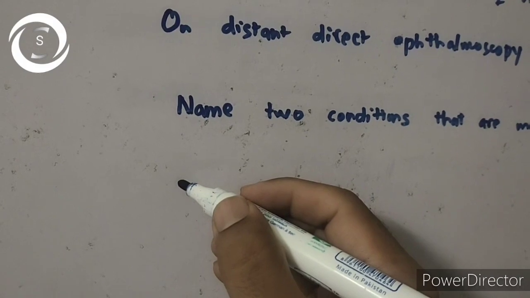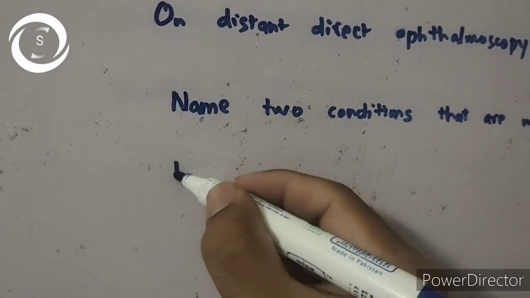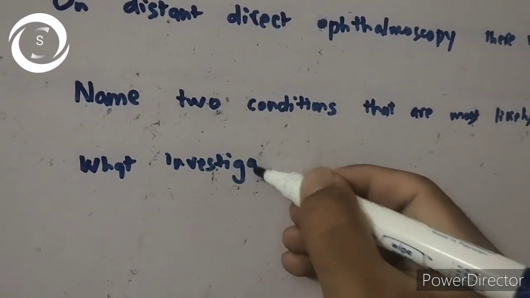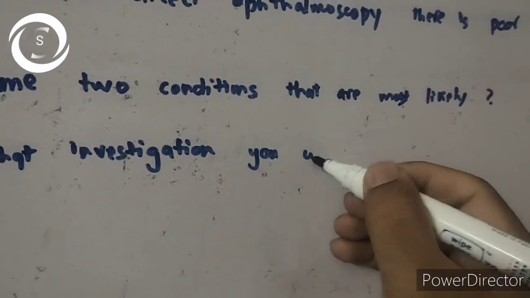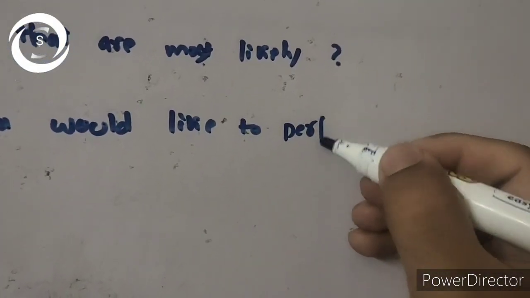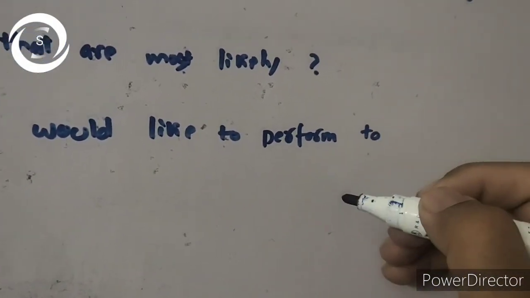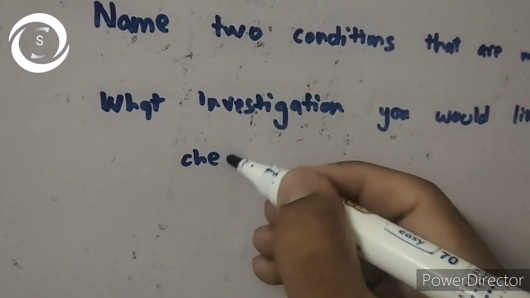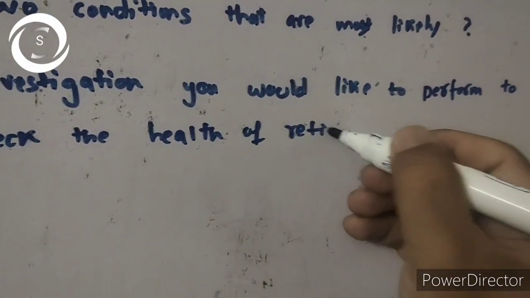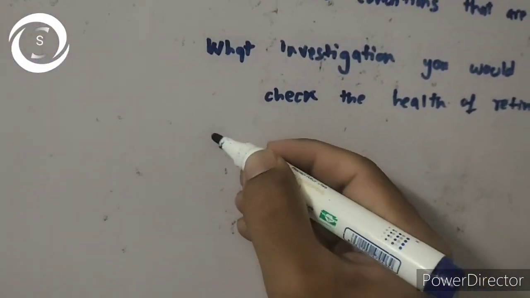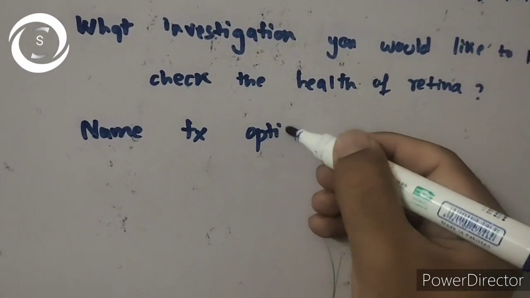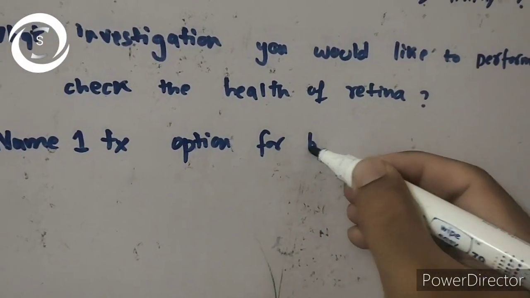Then the next question is, name the investigation, because you have got a hazy media, so which investigation would you like to perform. And then you can be asked about the treatment options, how will you manage the above two differential diagnoses.